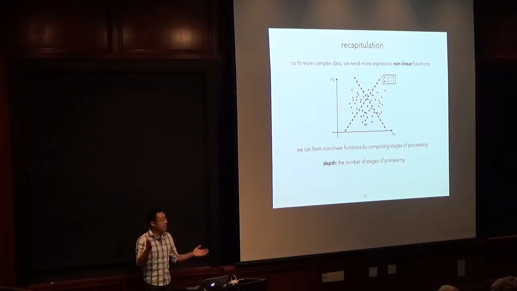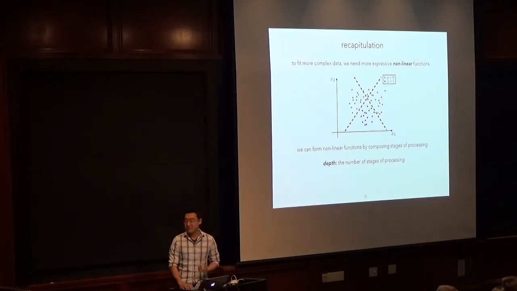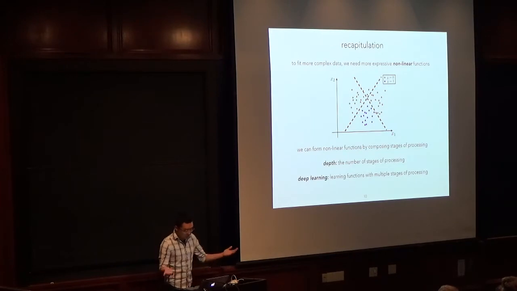The depth of a deep neural network is the number of stages of this recursive, or compositional, processing. So deep learning, in a nutshell, is learning these functions with multiple stages of processing.